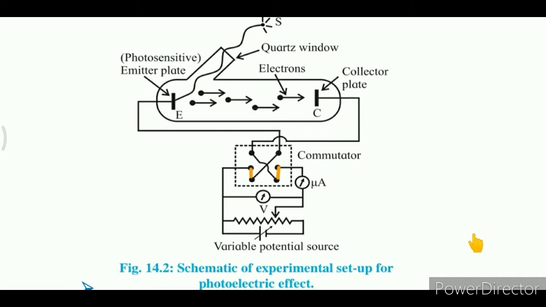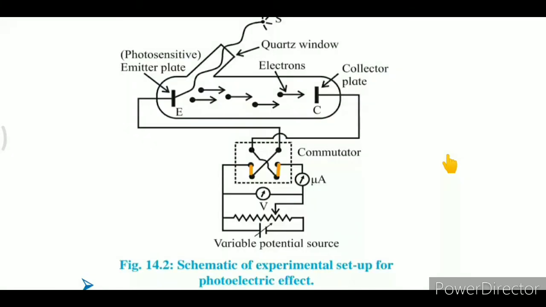Here you can see that the positive potential is now applied to the emitter plate, and by means of the commutator key, the negative potential is applied to the collector plate. So we are maintaining the collector plate at negative potential with respect to the emitter plate.